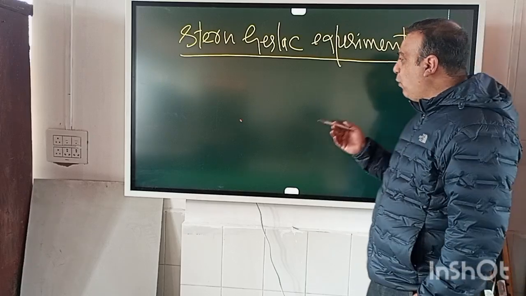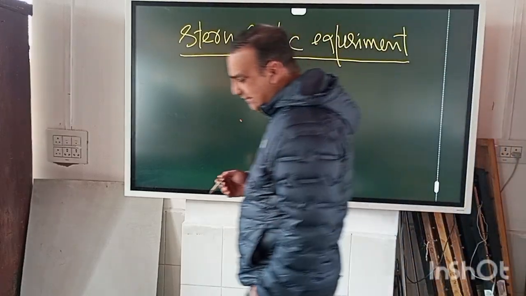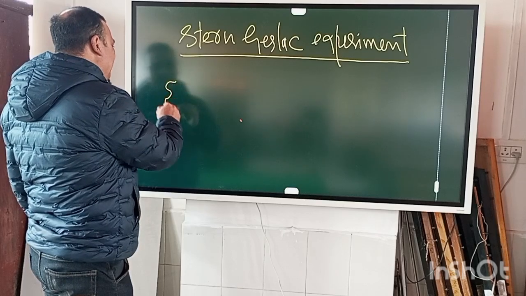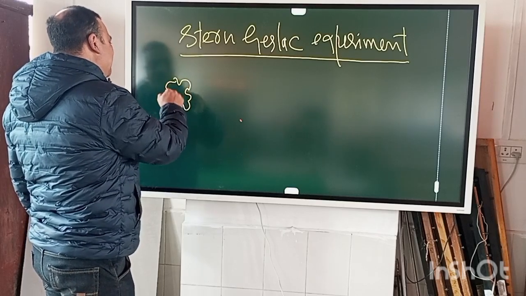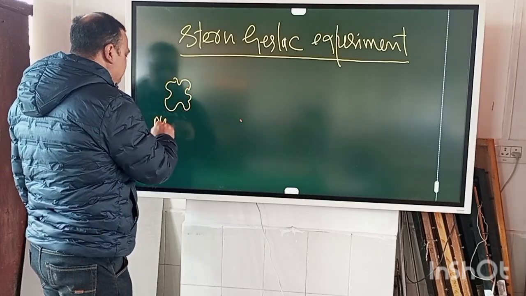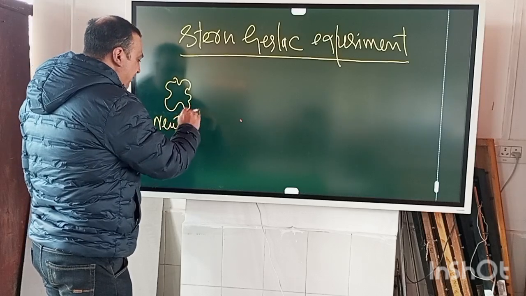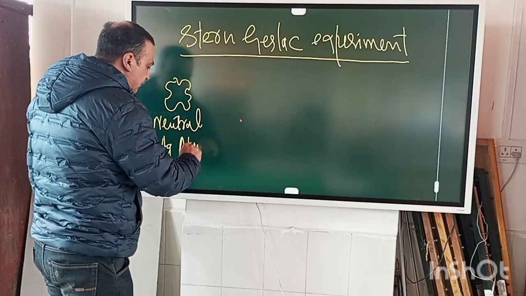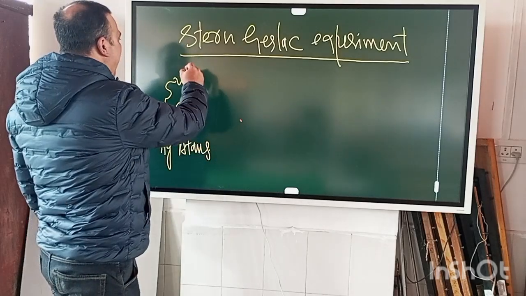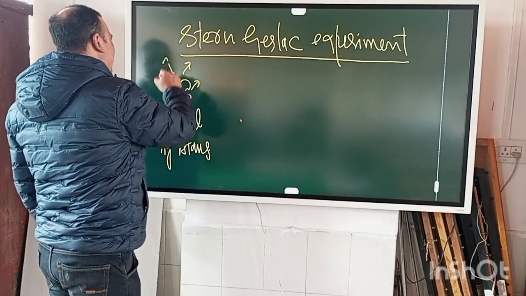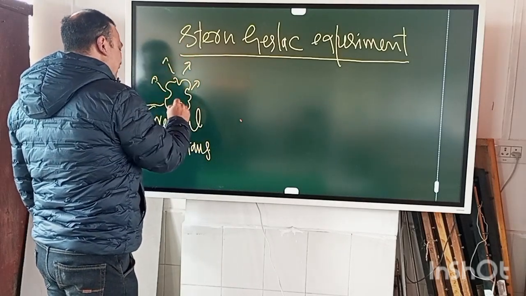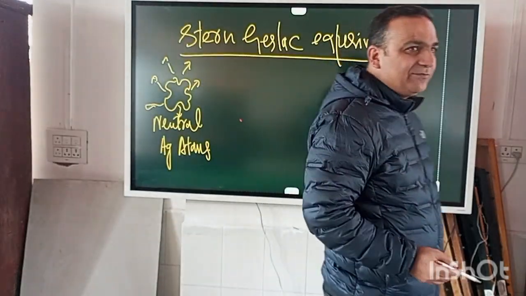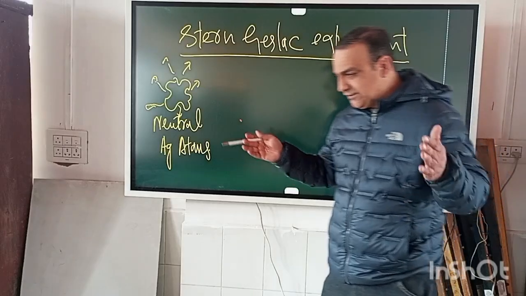And what does this experiment look like? You have something that evaporates neutral silver atoms. You can evaporate these silver atoms using a furnace, an oven.